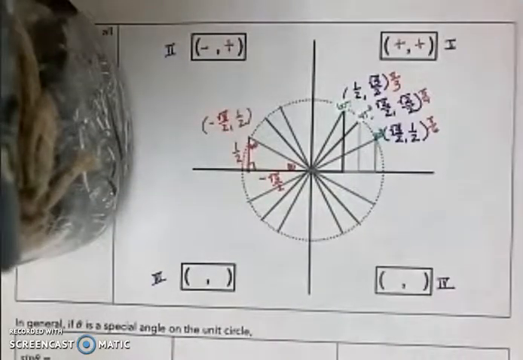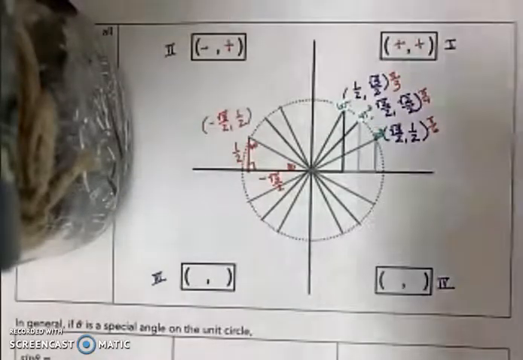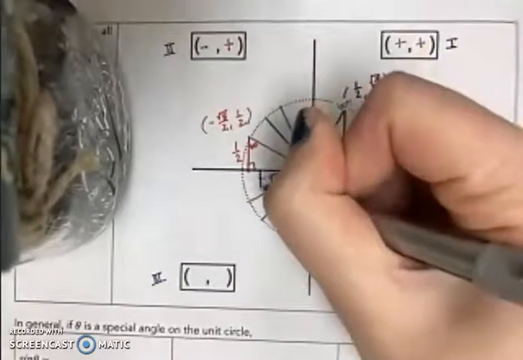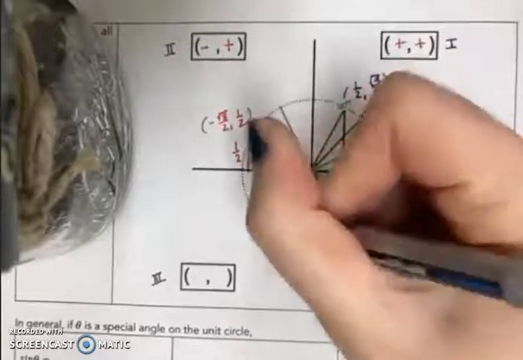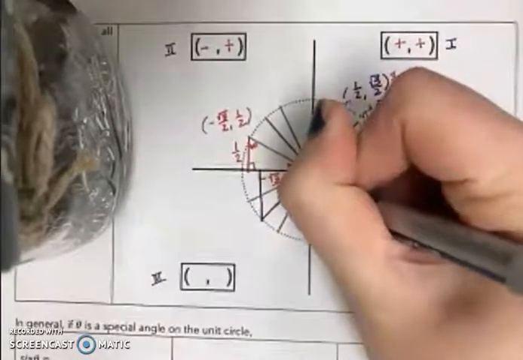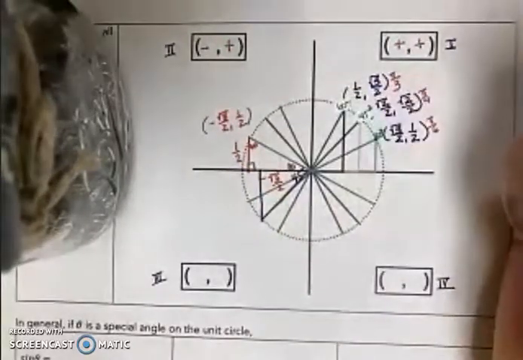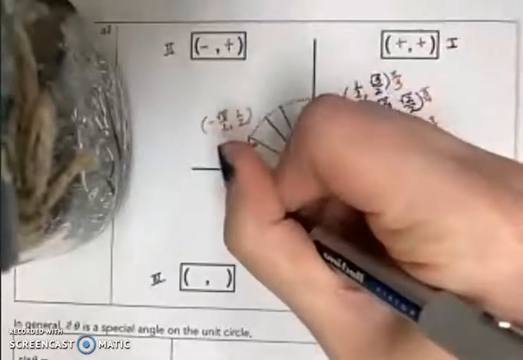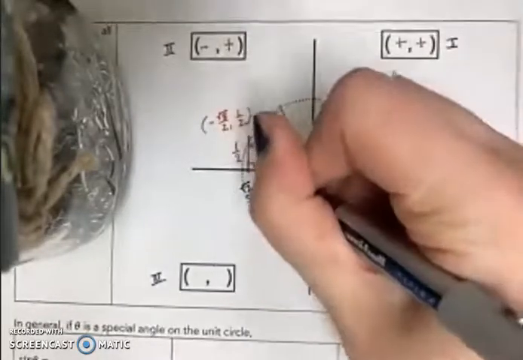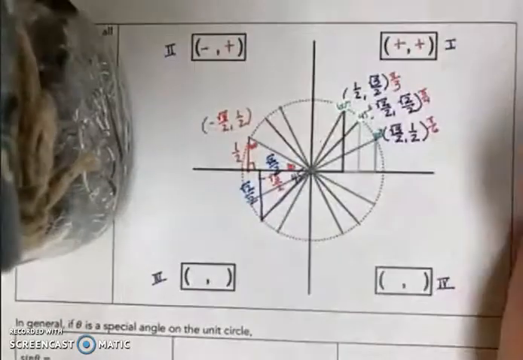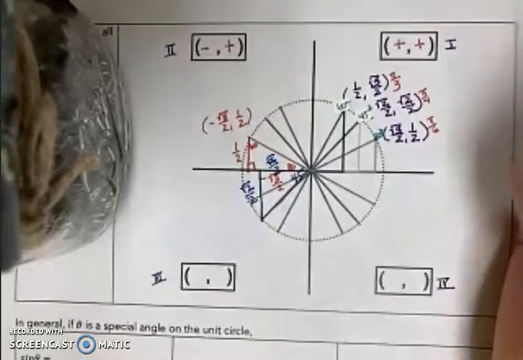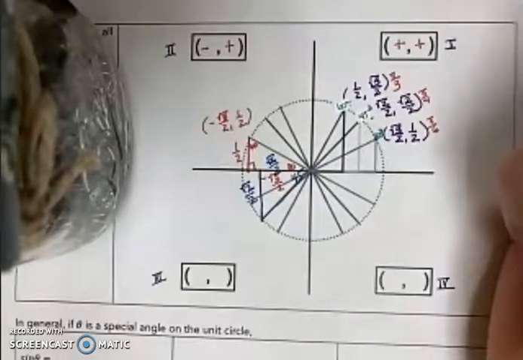I'm going to do another one. Let's say in quadrant 3, I'm going to do this one right here, the 45-degree reference angle. This is a 45, 45, 90. I know both of the legs are root 2 over 2. However, it doesn't mean the signs are positive or the same.